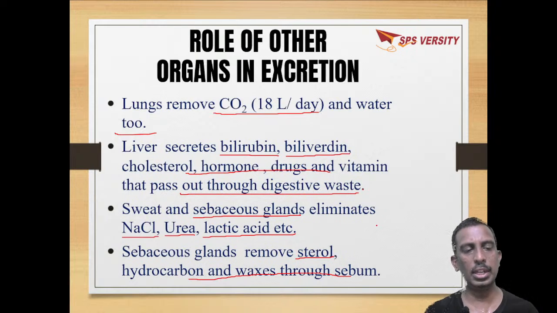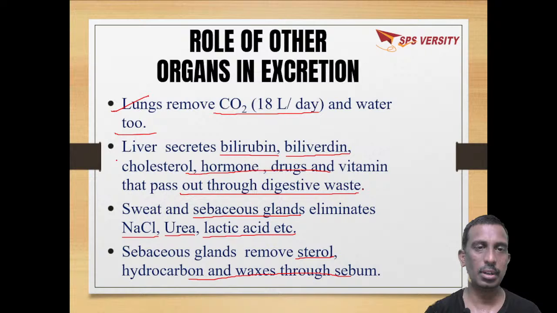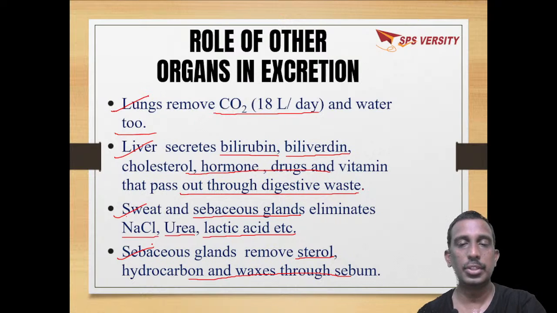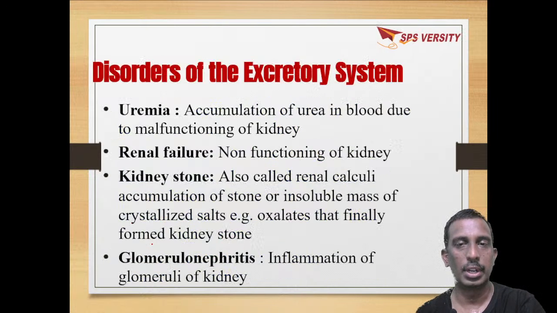That means not only kidneys, not only the nephrons play an important role in excretion, even lungs, liver, sweat and sebaceous glands also play an important role in removal of the waste products from our body.